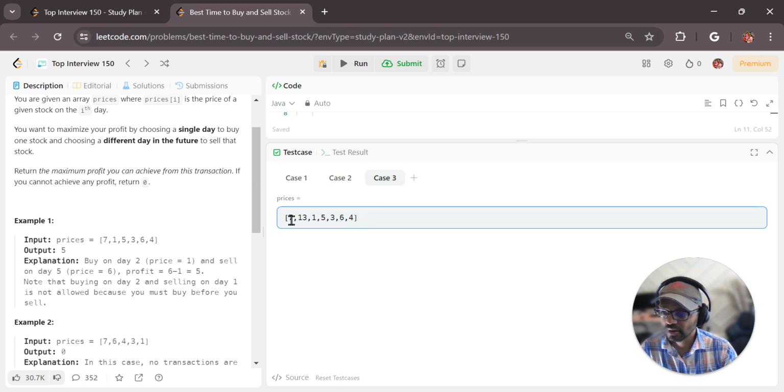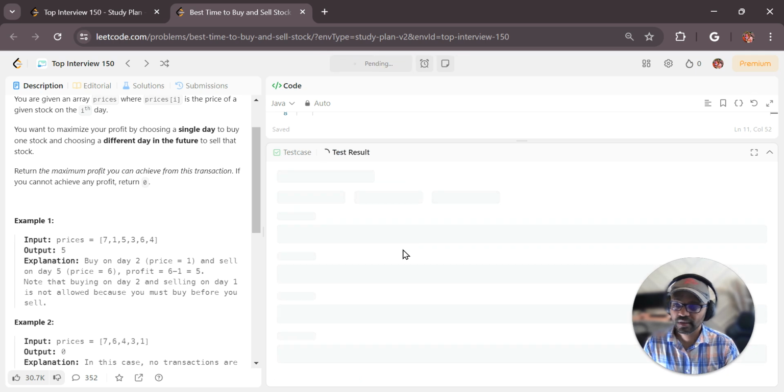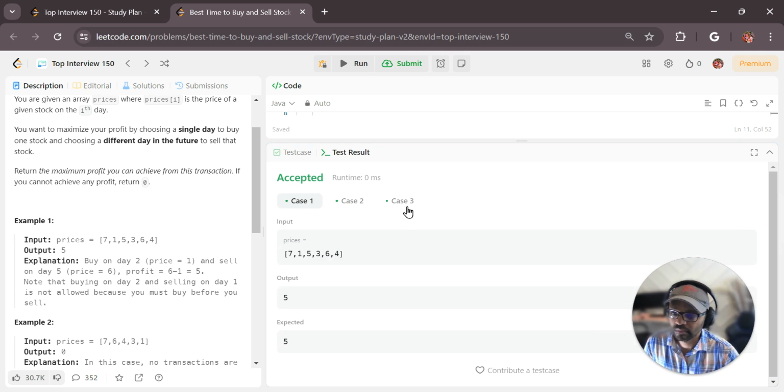The reason is that I wanted to check where the buy price is higher, or the highest actually, excluding 13, and still we can book more profit, and that case should also work. In this case it will work because it just dumbly tries all the combinations, but it's nonetheless a very good test case to have. Let's go to 3, and yeah, 6 is the right answer.